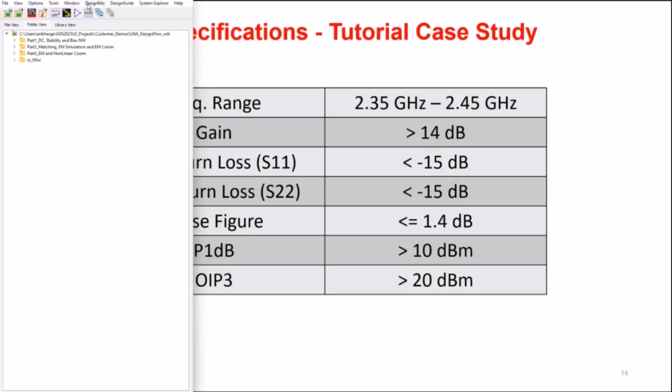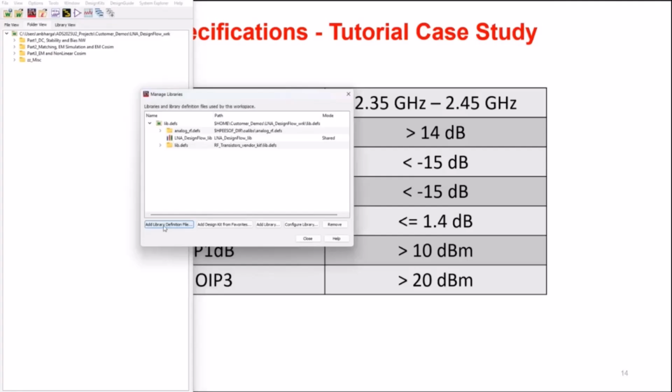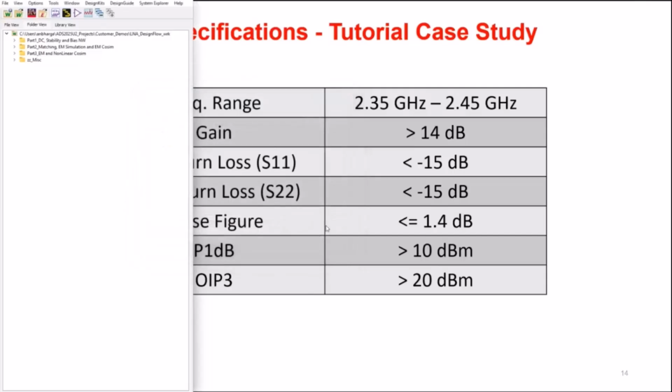Okay, so first thing, when you use ADS, assuming you have a nonlinear design kit available, the first thing you do after you create the workspace is go to design kit, manage library, and this is where you add a design kit which is given to you by the manufacturer or which you have downloaded from their website. You can add the library definition file, and then you can use it. In this case, I'm using an ADS internal library which has the part I referred to earlier.